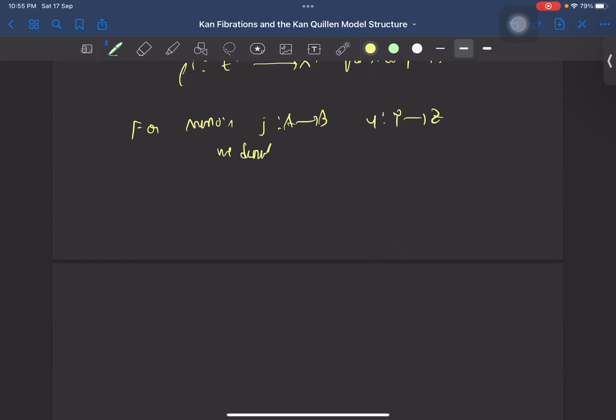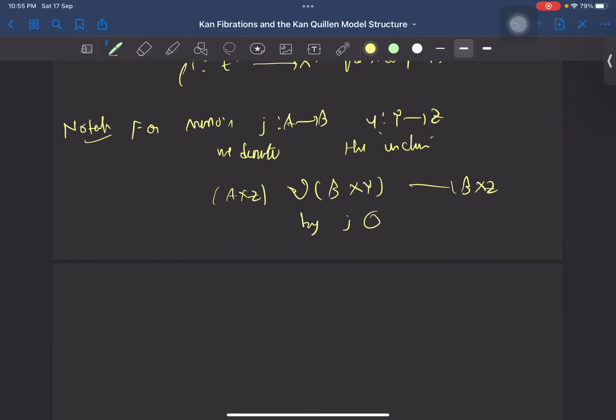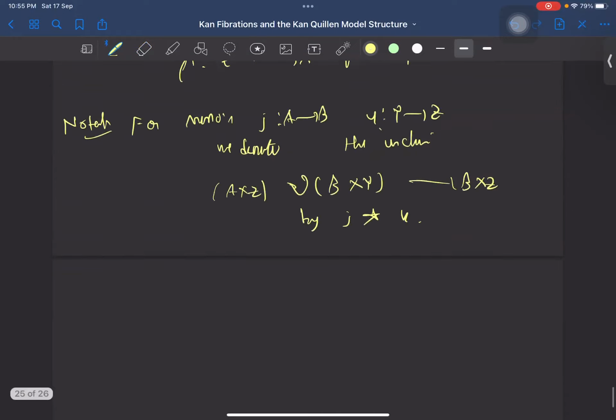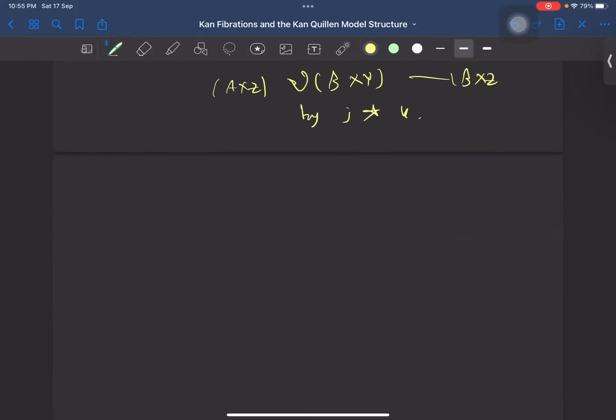We denote this inclusion by a symbol; let me just call it star. We can prove this, again, maybe take it as an exercise.